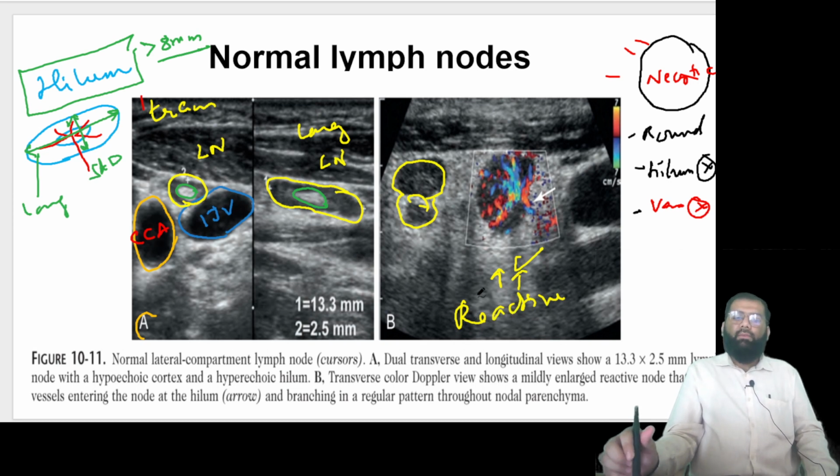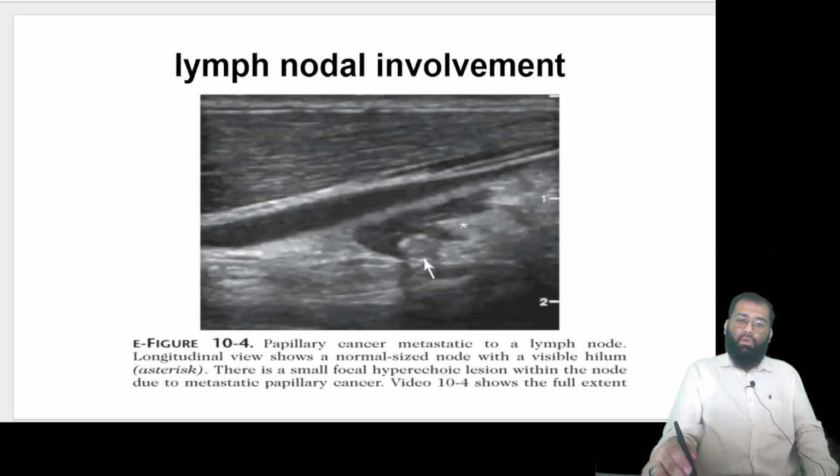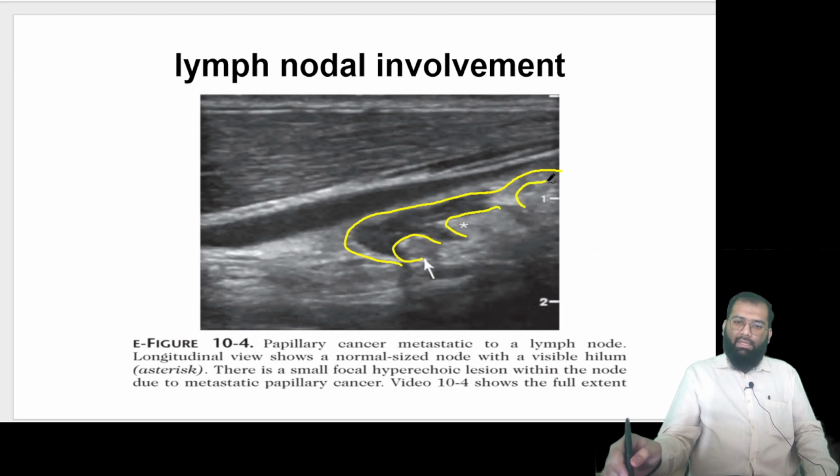So when it comes to papillary CA, sometimes you might see solid nodes with calcification. Sometimes you might see cystic lymph nodes, also with papillary projection. A very important feature is that you see calcifications within the lymph node. So now this is the classic lymph node in papillary CA. Can you see that this is a lymph node, very classic, and you are able to see multiple calcifications within the lymph node.